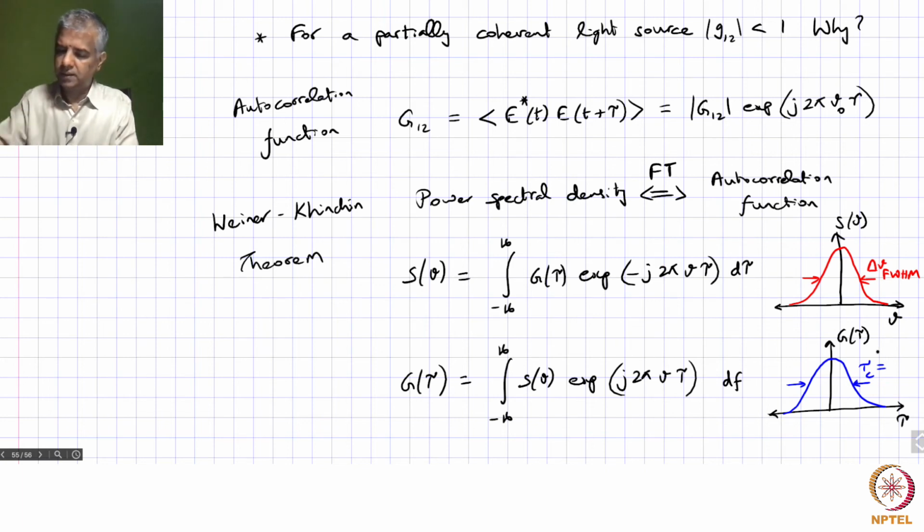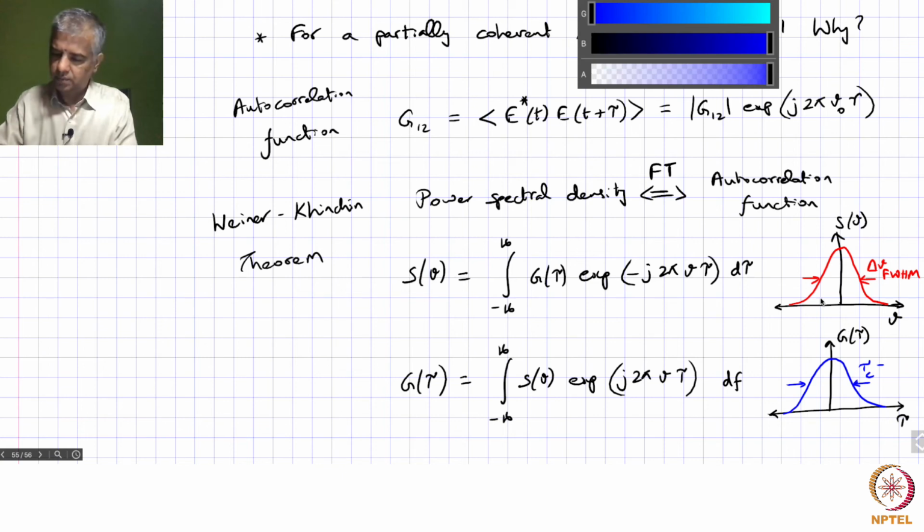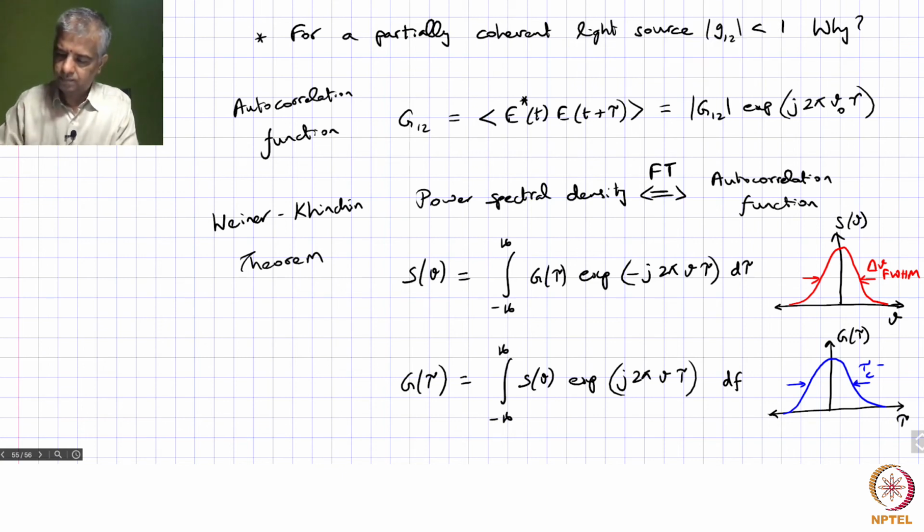That is inversely proportional to delta nu. So, essentially what we are saying is if you have a larger spectral width, you have a smaller coherence time.